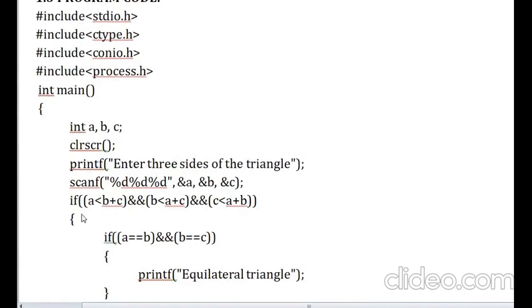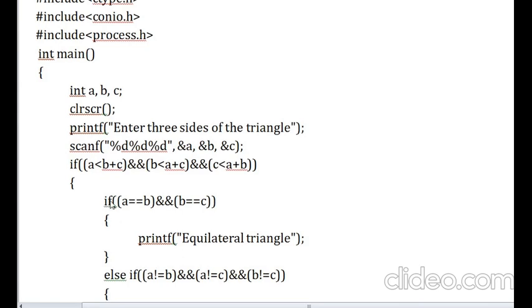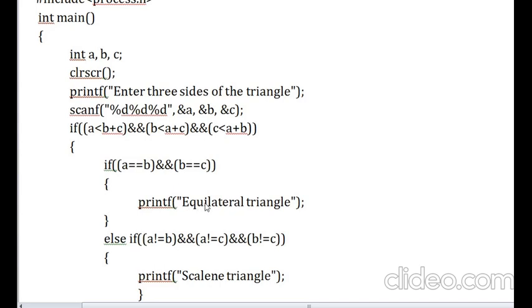If the condition is satisfied, that is true, it goes to the next if condition: a equals b and b equals c. Here a equals c is implied, but a equals b and b equals c must hold, then it prints equilateral triangle.